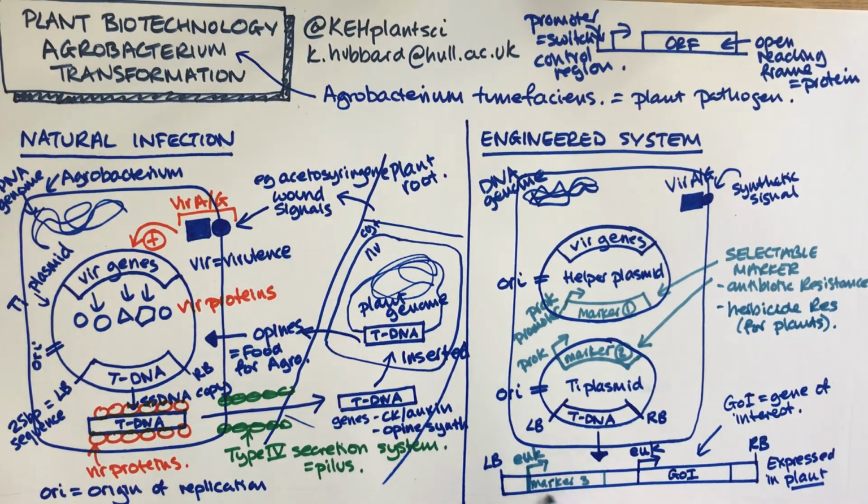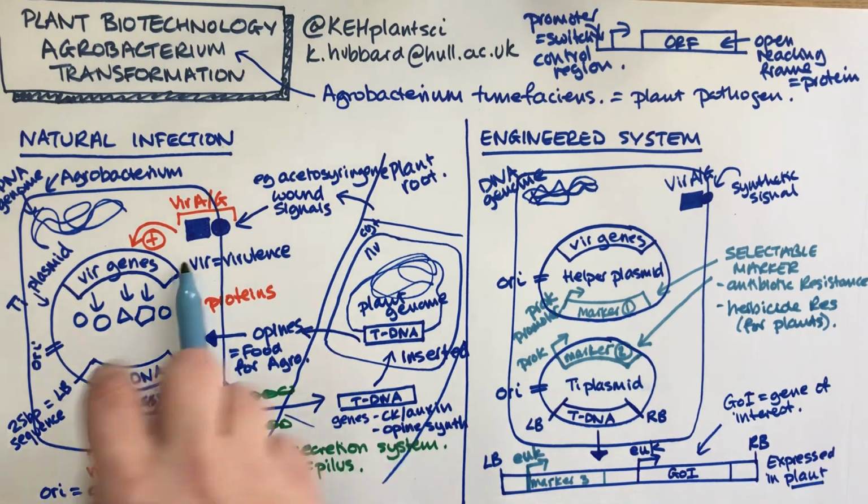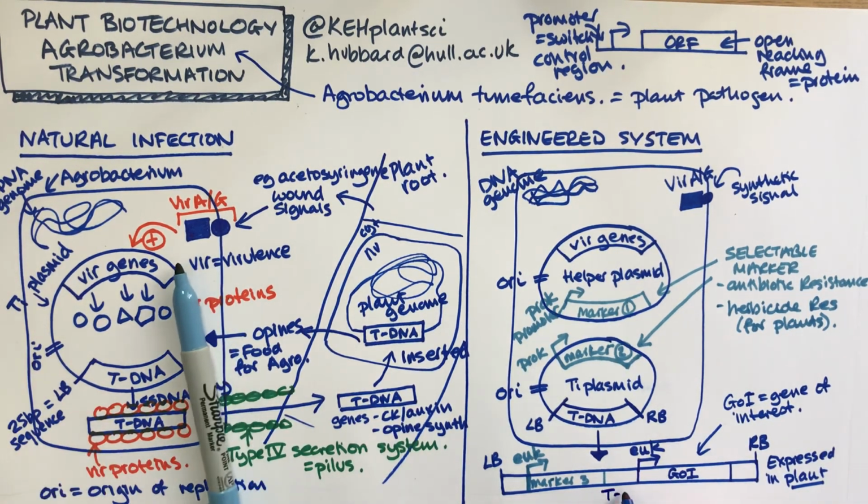So if we have that selectable marker, when this thing goes into the plant genome, we can then select for which plant cells are resistant to whichever antibiotic or herbicide that we make it resistant to, so we can tell quickly and easily which ones are going to have our gene of interest, because if they've got the gene of interest, they should also have the selectable marker. Okay, so that's our tDNA in the engineered system.